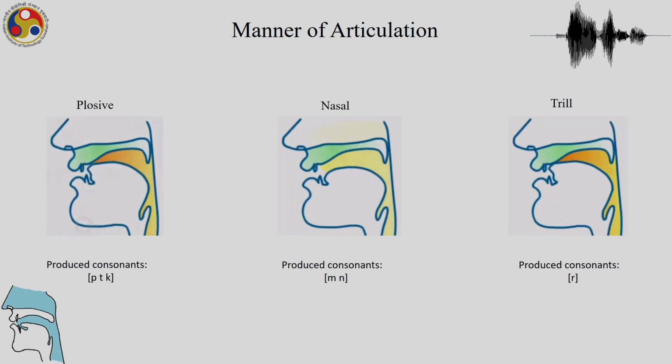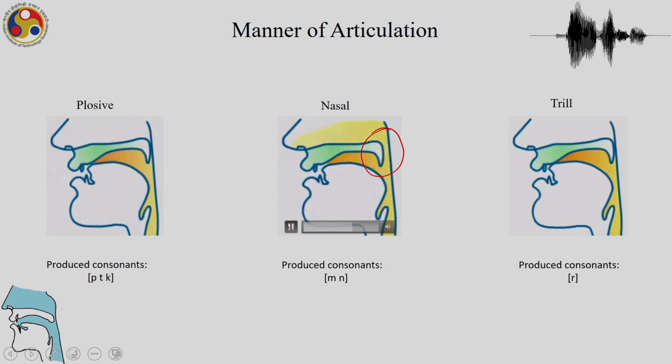Here, what you can visualize is the production of, for instance, t and d. So, as t and d are being produced, there is complete obstruction and then the air is released. And then, unlike the oral stop, for the production of nasals now, what you can see importantly is the lowering of the velum.